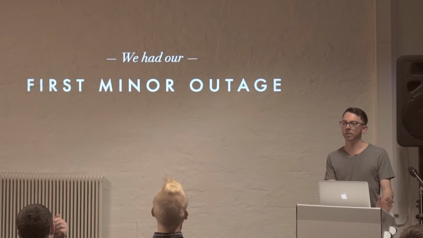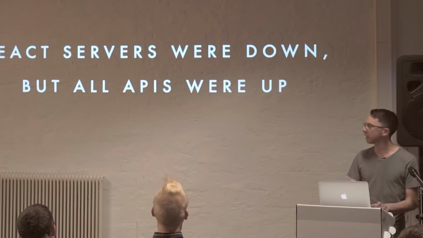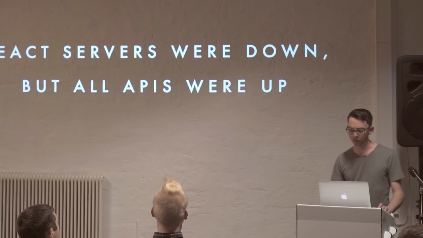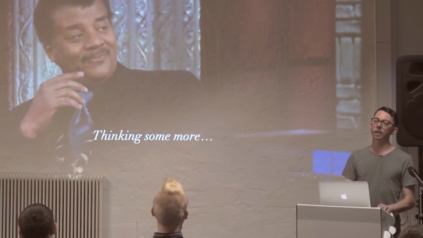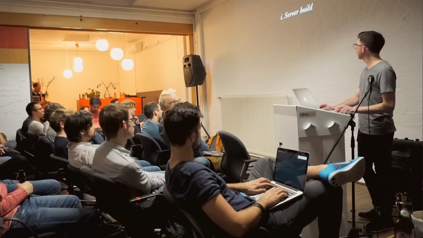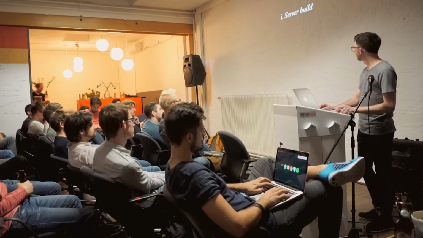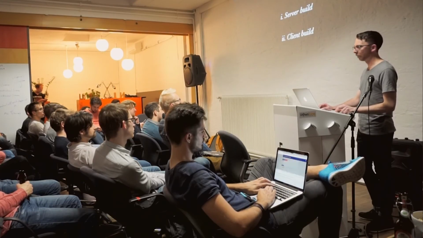And of course, we had our first minor outage. Our React servers went down for a little bit, but all the APIs that we talked to were up because, of course, they're separated from each other. Now, we thought about this some more, and we thought, here's another problem that we have to deal with. Here's how we attacked it, or one of the ways we attacked it was whenever we run our Webpack build, typically we were generating our server build and our client build.